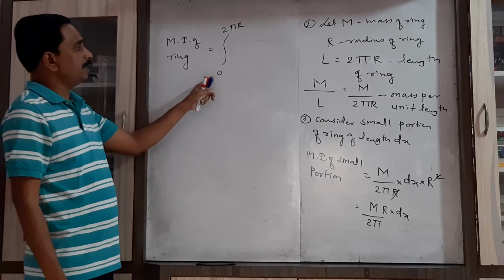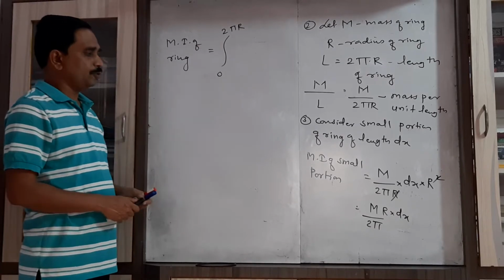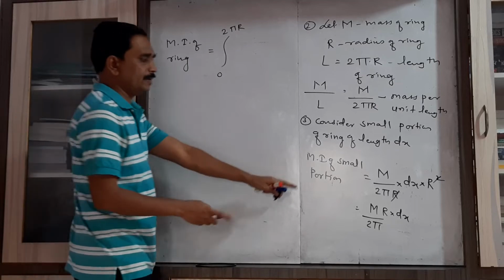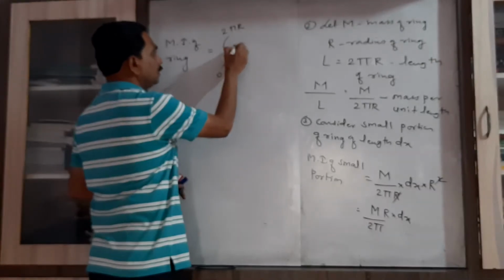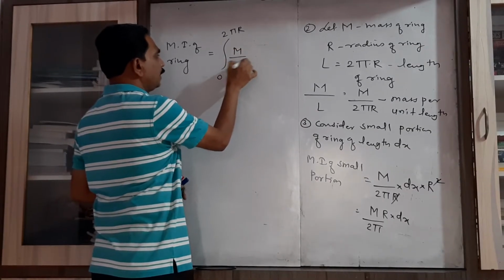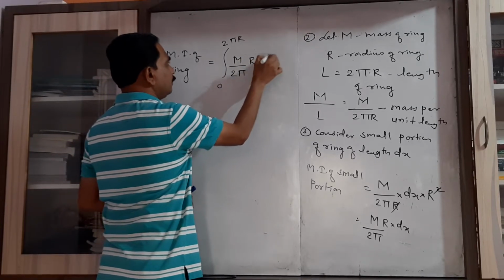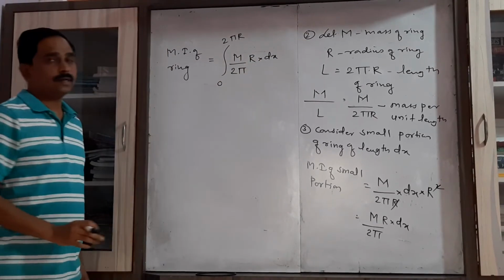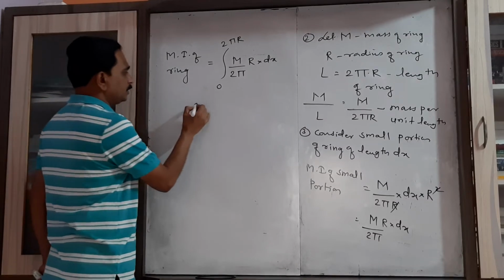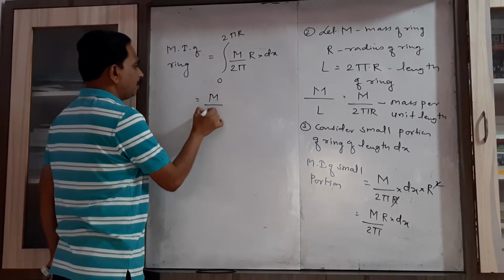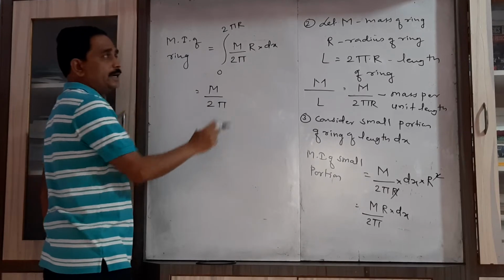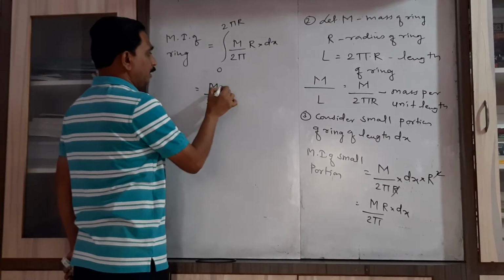That's why I write the limit from 0 to 2 pi r. Now you have to take the moment of inertia of the small portion, that is M upon 2 pi, r into dx. Here you have to consider M upon 2 pi as constant, and integrate r dx.